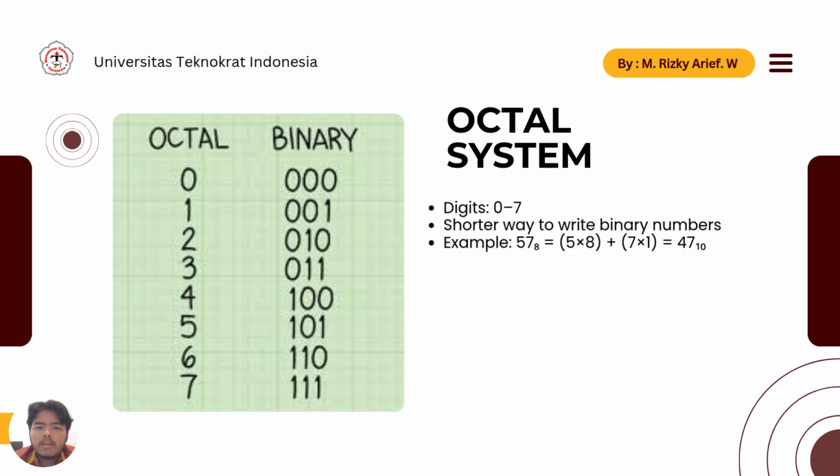So 57 in octal system equals 47 in decimal system. Octal numbers were often used in older computer systems to simplify long binary codes, especially before hexadecimal became more common.